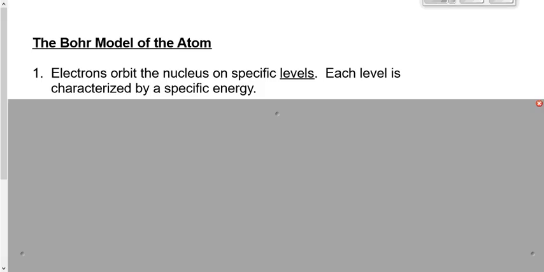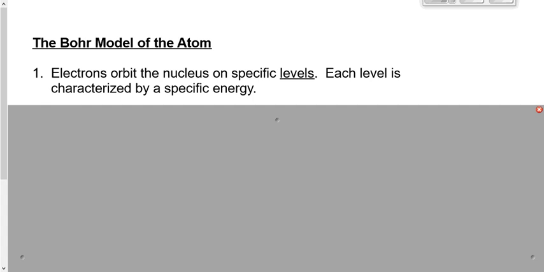And if you're going to come up with one word that differentiates the planetary model of the atom, the Rutherford model, from the Bohr model of the atom, it's levels, the word level. We talk about different aspects of that, but the word level, electron level, is what really differentiates the Bohr model from the planetary model. Each electron orbits around the nucleus on specific levels.